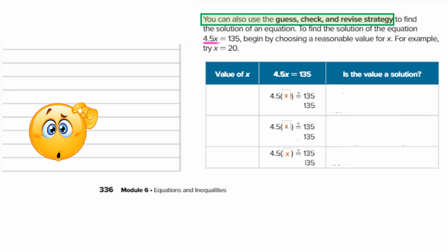But maybe you're looking at the equation saying, well, we've got this number and an x. Well, I don't remember what that means. So we have to commit this to memory, right? This is a key idea of algebraic expressions.